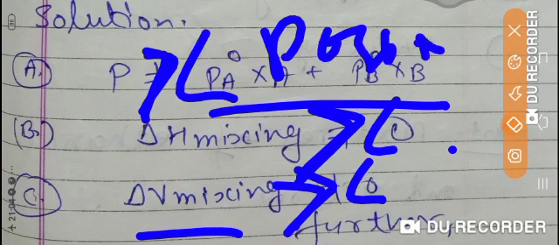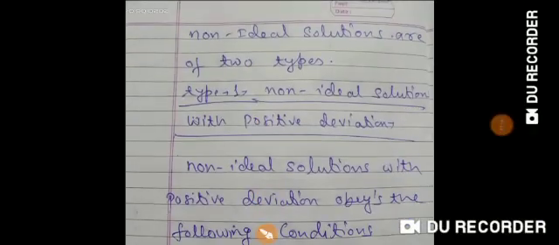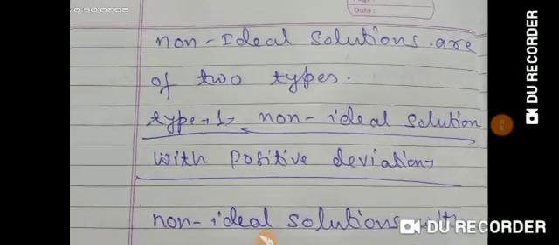And if they are less than these, then it is the non-ideal solution with negative deviation. Okay, students, I am going to explain this condition later in this video. So you can say non-ideal solutions are of two types.